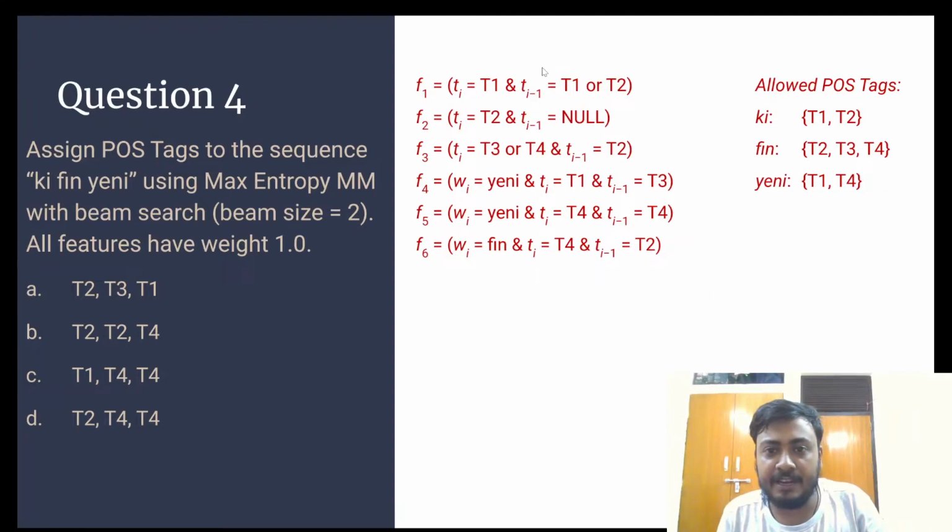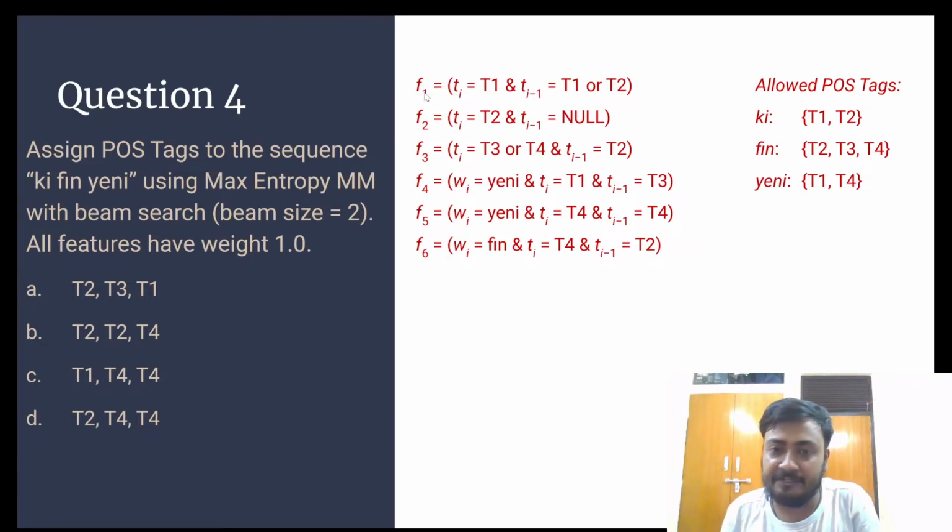For example, here you have been given the list of features to consider. So there are 4 possible tags, T1, T2, T3 and T4, and these are the possible features. So for example, this feature F1 is saying that Ti equal to T1 and Ti minus 1 equal to T1 or T2.